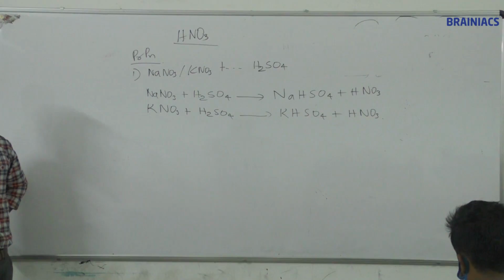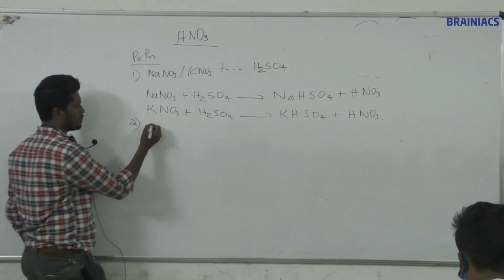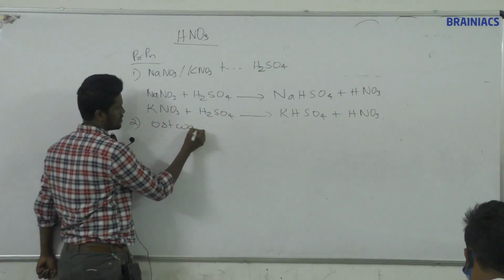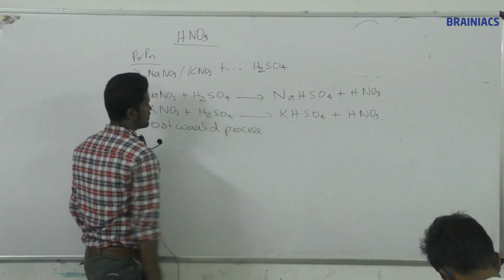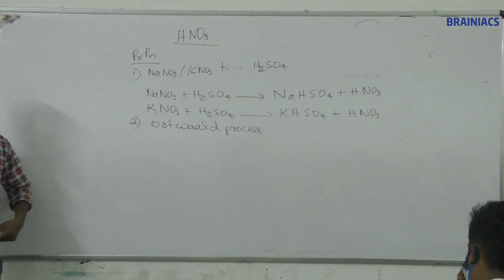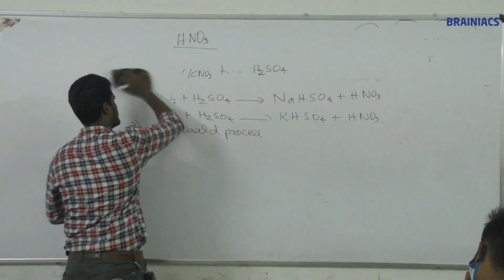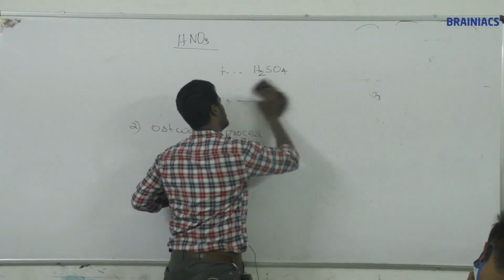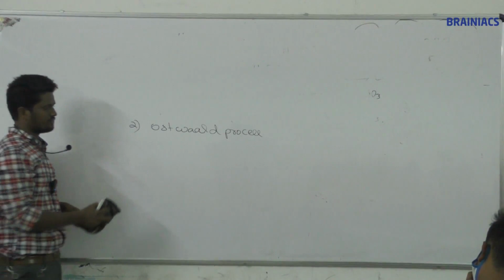And second, commercial preparation is the Ostwald process. The commercial preparation of nitric acid is the Ostwald process.